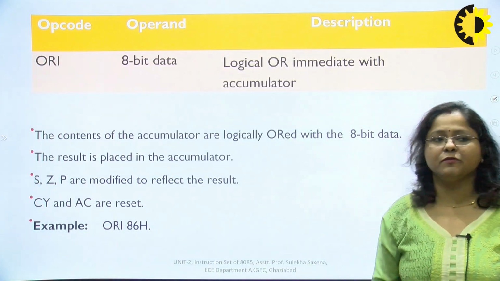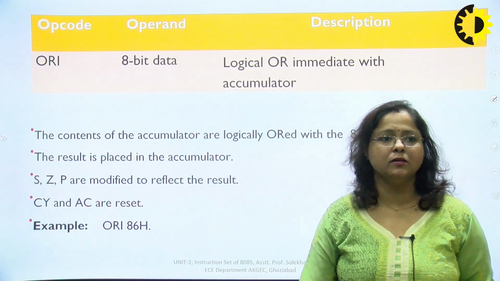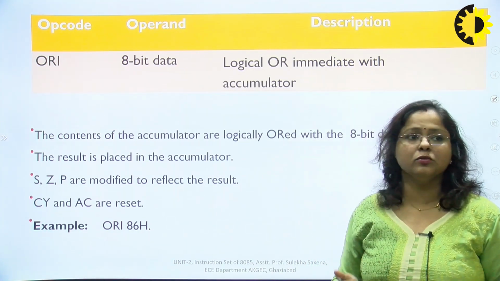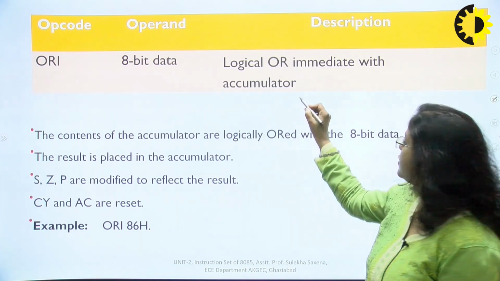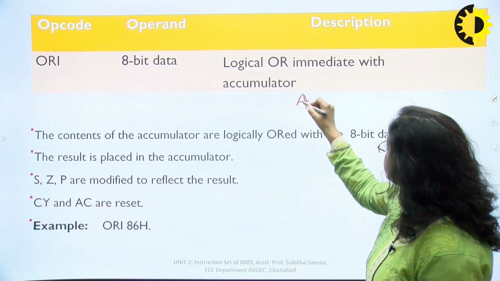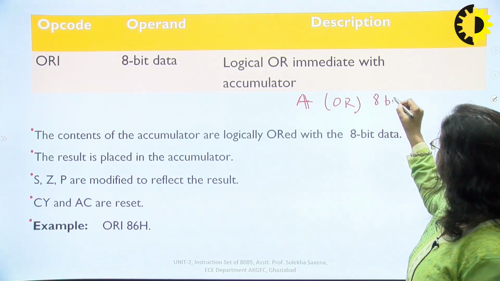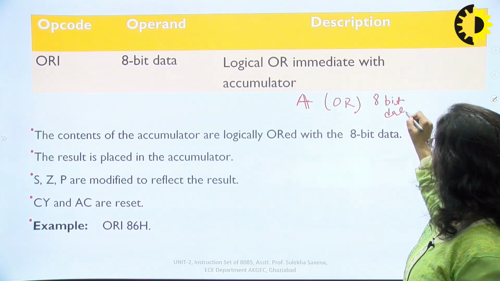ORI will perform OR with 8-bit immediate data, that is logical ORing, and similar to the OR operation previously, it does the OR operation between accumulator and 8-bit immediate data and saves the result to accumulator.